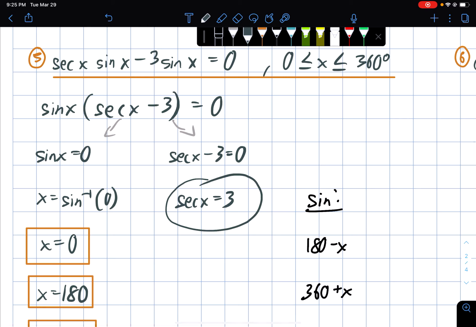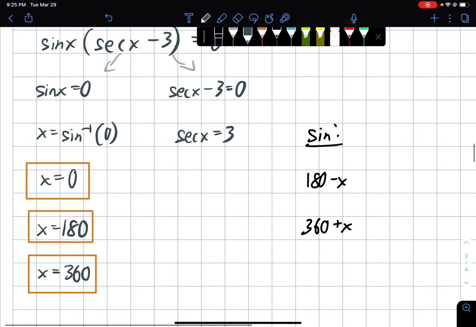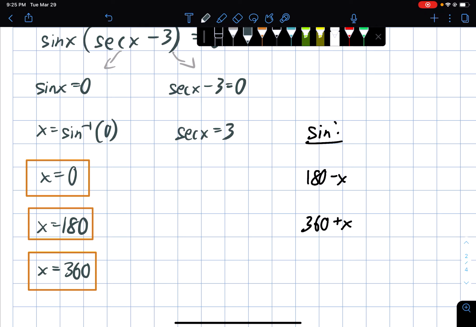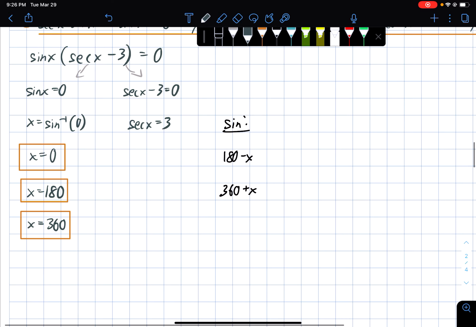For this part, I suppose that you might ask, why is it secant? Well, referring to the previous video, we talked about trigonometric identities. There is a specific rule that states cos theta is equal to 1 over secant theta.